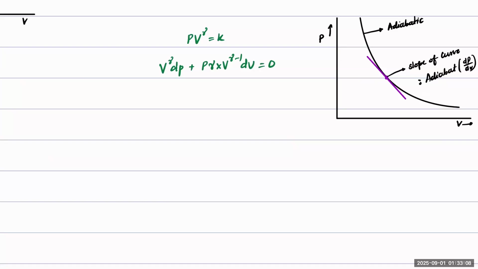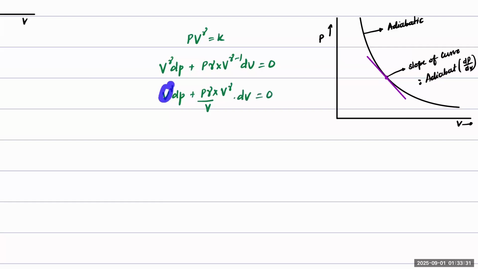This is what I'll get if I differentiate that with respect to V. And now V raised to the power of gamma into dP plus P gamma into V raised to the power of gamma divided by V into dV equal to 0.